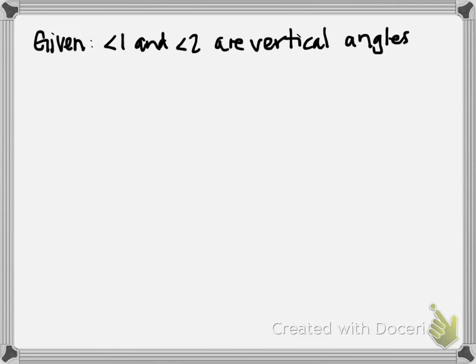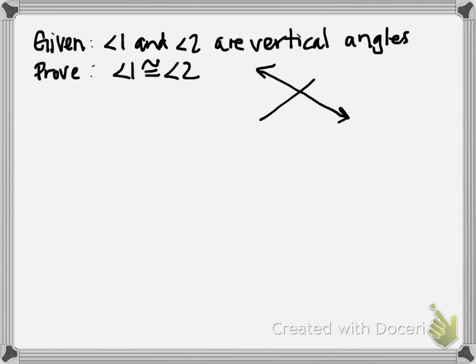If angle 1 and angle 2 are vertical angles, prove, or then, angle 1 is congruent to angle 2. Okay? Now, we're going to have a diagram that goes with this. It's going to look very similar to the one I used in the definition, but I'm going to add a third angle in there. So we've got angles 1 and 2. We're trying to prove that they have the same measure, and then you're going to have angle 3 involved. So, what do we know about angles?